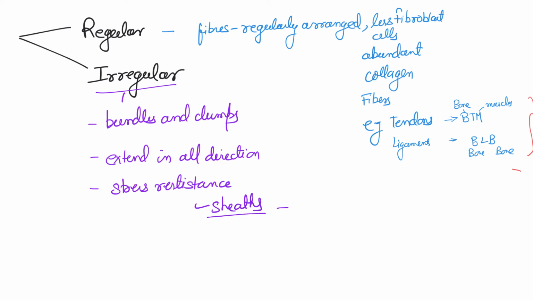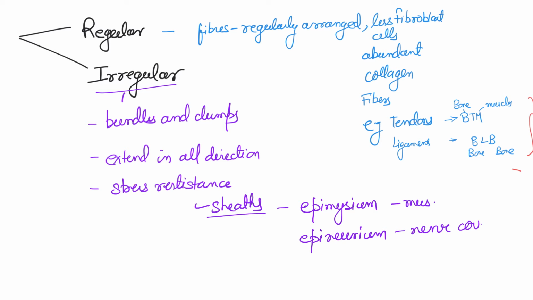For example, you'll talk about these terms later on, but some of the introductory ones are epimysium. Now, mysium, muscle, something that covers a muscle. You'll hear about epineurium, something that covers a nerve. So this is a nerve covering, this is a muscle covering, and we'll also talk about periosteum.